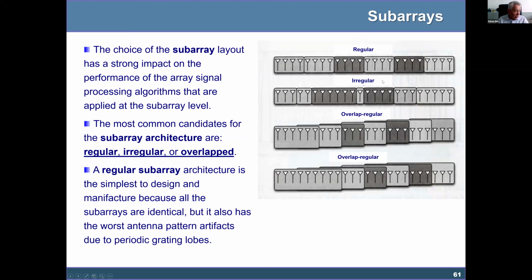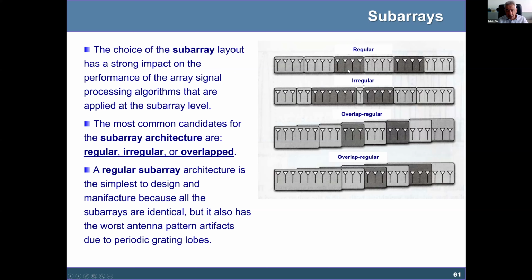But in order to avoid the presence of grating lobes, typically we prefer to split the array in irregular subarrays. So the subarrays are different, and in particular can be made of a different number of elements. This is useful to avoid grating lobes.